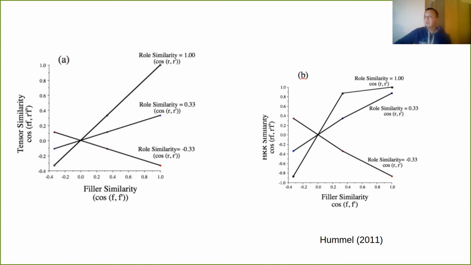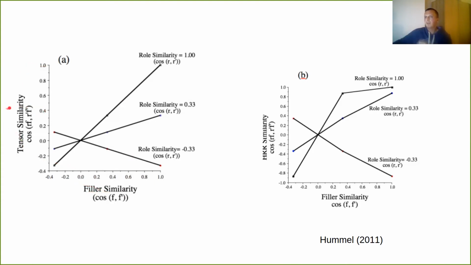And it turns out that the resulting tensor products are only similar to each other if both the fillers and the relational roles are similar as well. In other words, the similarity of the resulting tensor product is an interaction of the filler similarity and the role similarity.